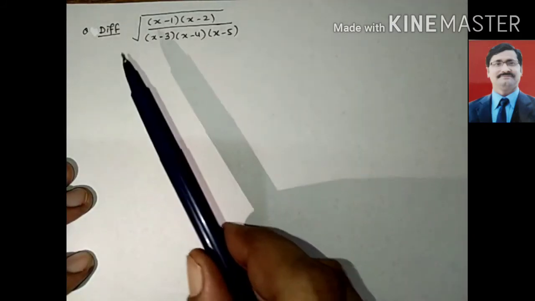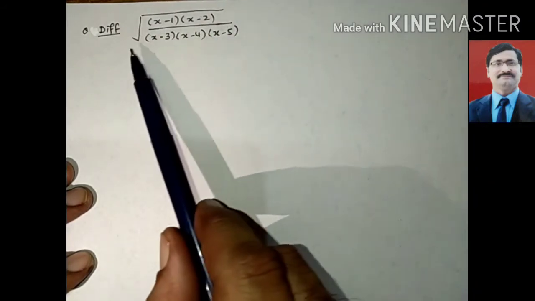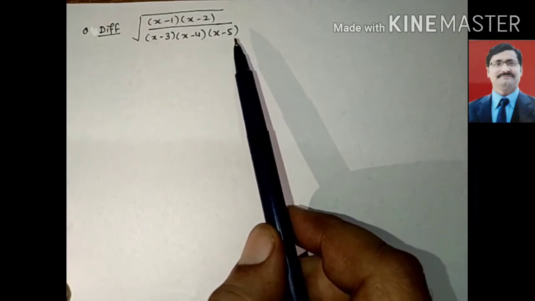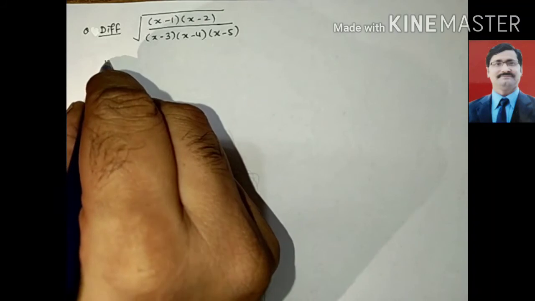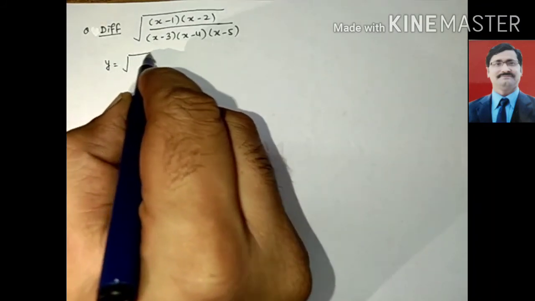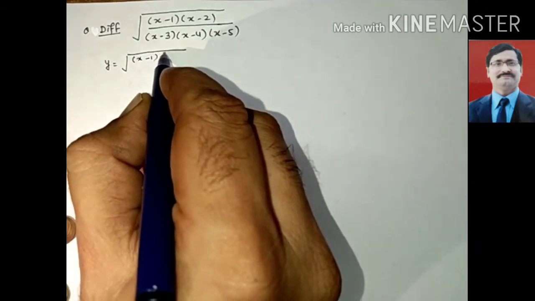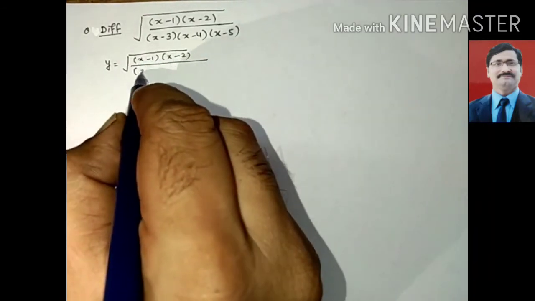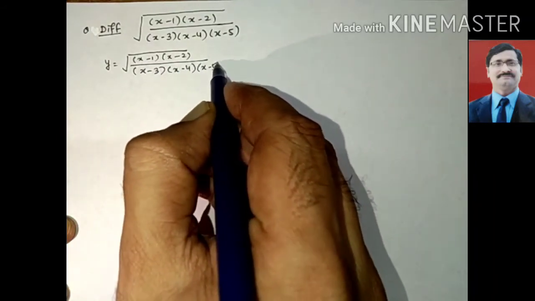Now you have to differentiate this: root of x minus 1, x minus 2 upon x minus 3, x minus 4 and x minus 5. Look here, first of all you take y equal to x minus 1, x minus 2 upon x minus 3, x minus 4, x minus 5.